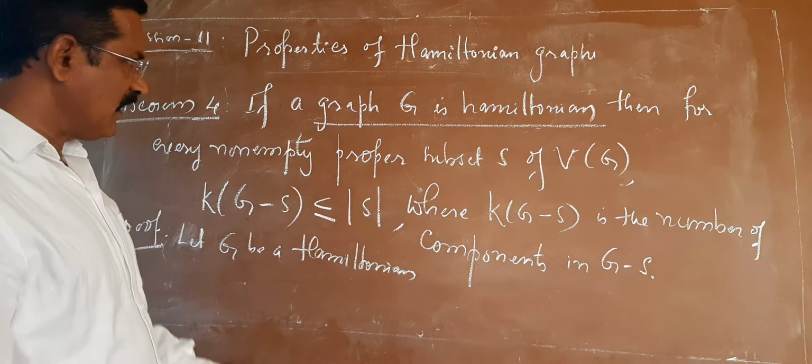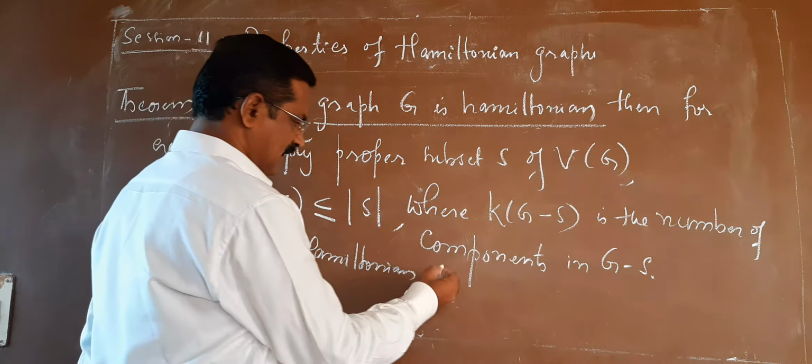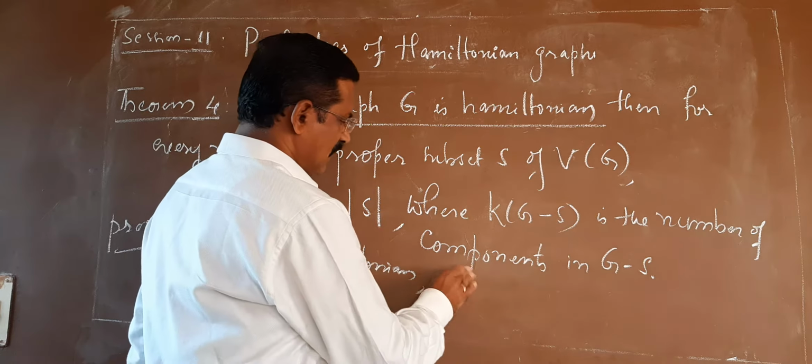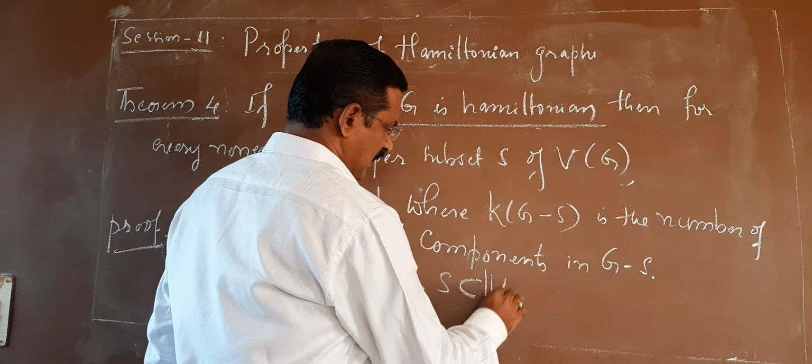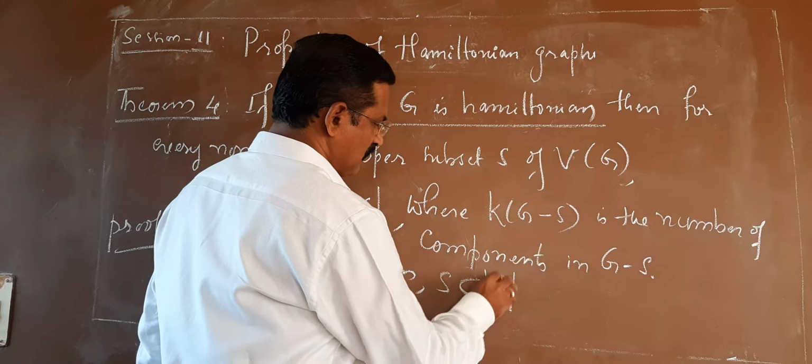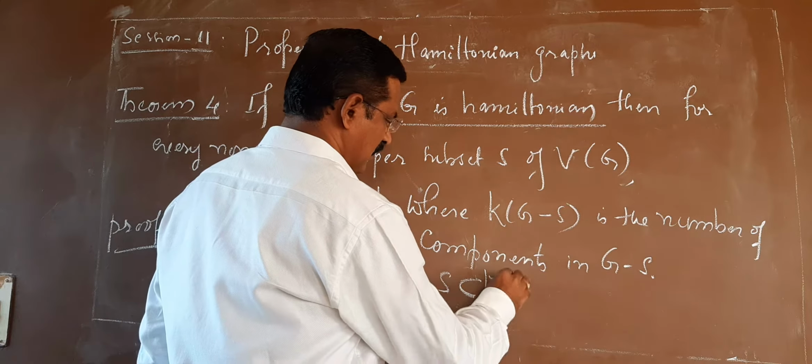Now we consider a proper subset S of the vertex set of G.